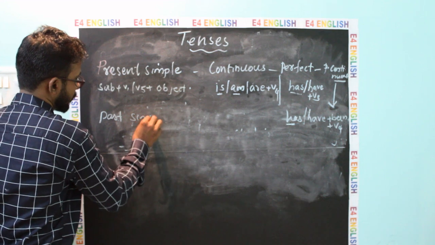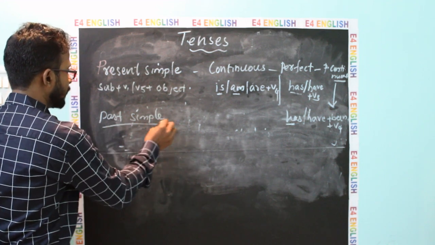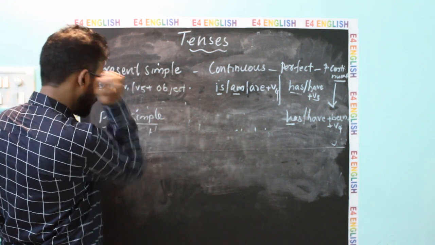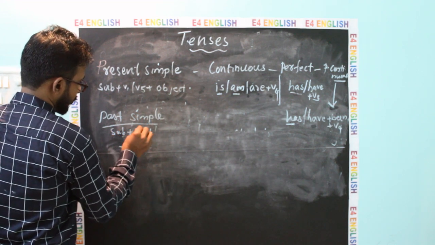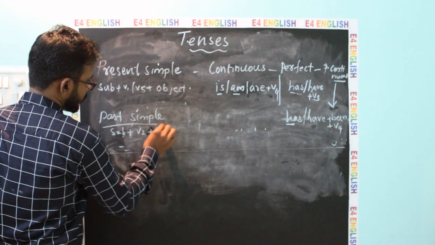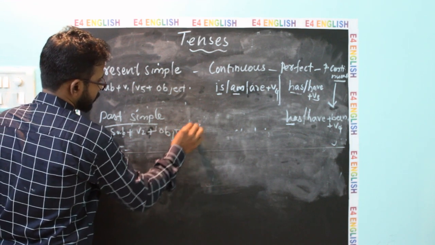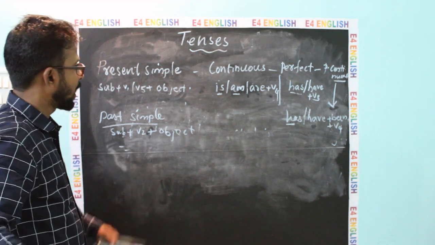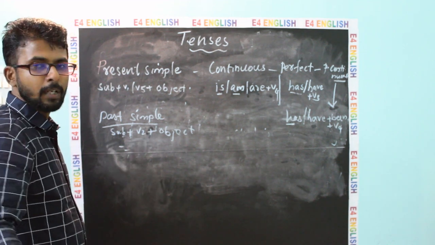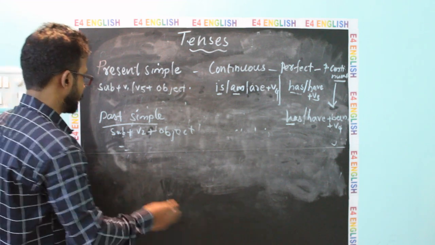Past simple is very easy. Subject plus V2 plus object. Okay, so here there is no confusion. Whatever the subject, I, we, you, they, he, she, it, V2.